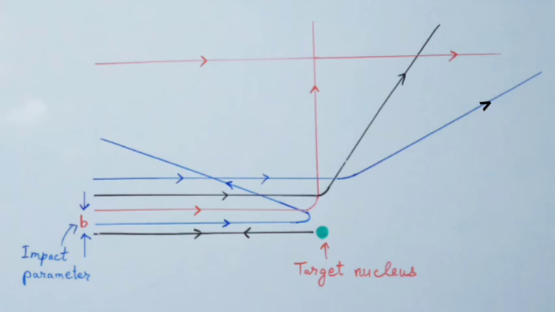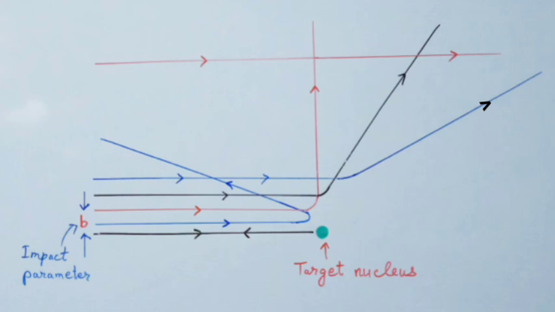The alpha particles which pass close to the nucleus experience comparatively smaller repulsive forces and get deflected through large angles, theta being greater than 90 degrees. The alpha particle which passes at a greater distance from the nucleus experiences a much smaller force of repulsion and hence is deflected through a small angle, theta being less than 90 degrees.